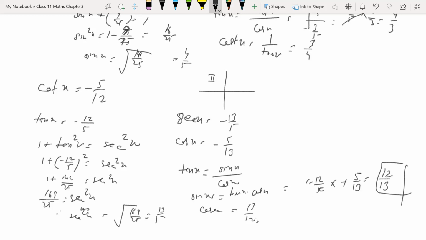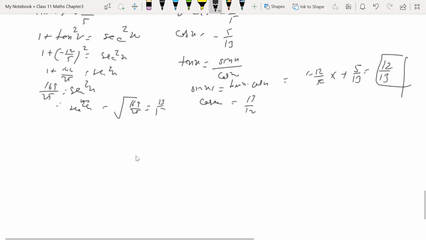That's all about this. I hope you understand the questions well, and now you can calculate the sums. Next example: find the value of sine 31 pi by 3.